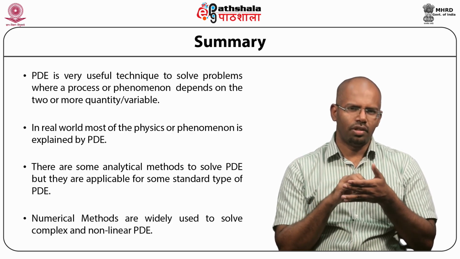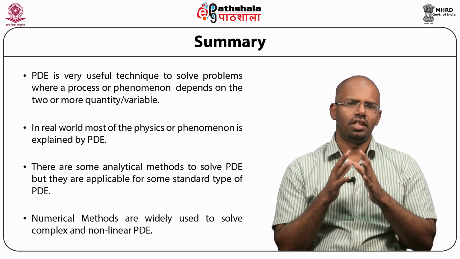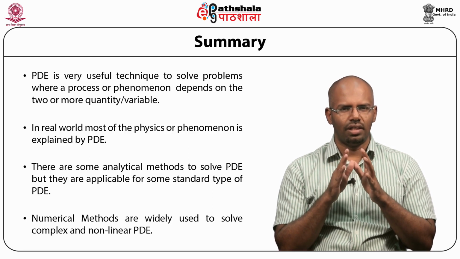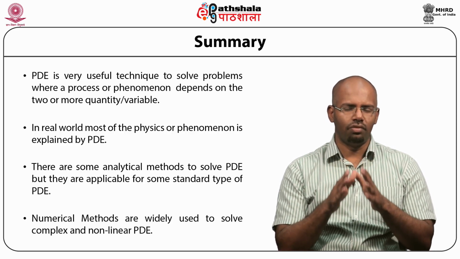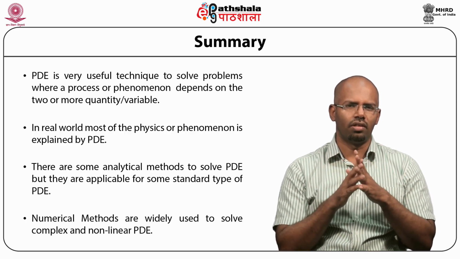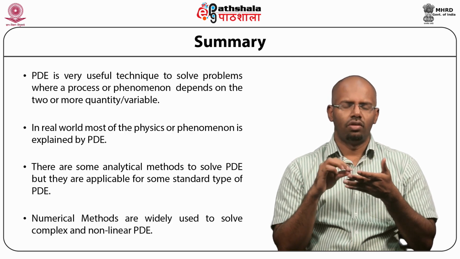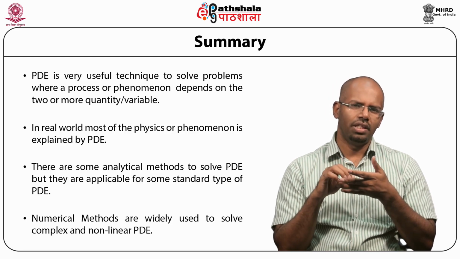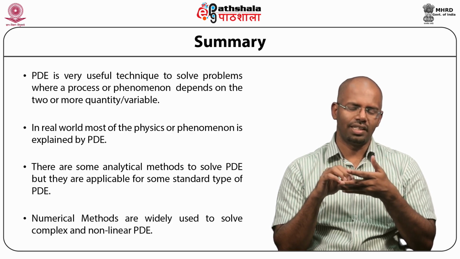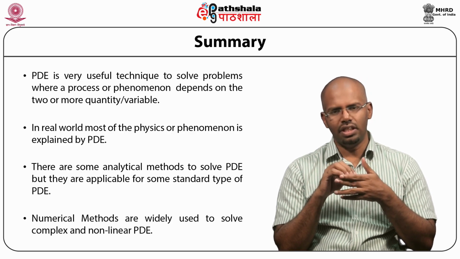The second important thing that you should remember from this module is that PDEs arise only when there is more than one independent variable that your phenomenon or function depends on. In terms of space, there are only three distinct variables: x, y and z axes, and for time there is only t.